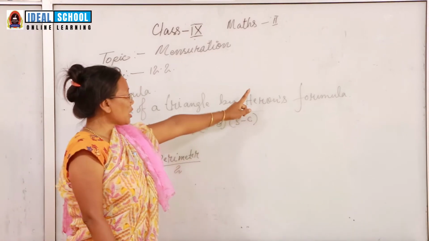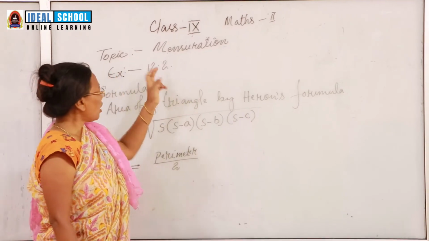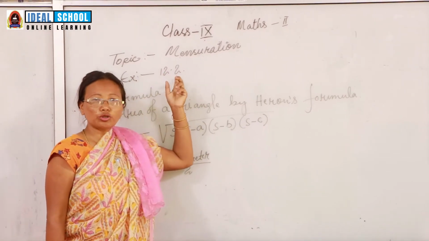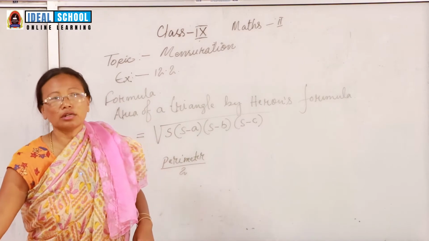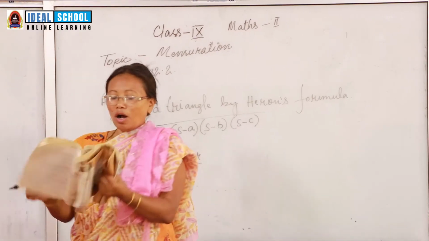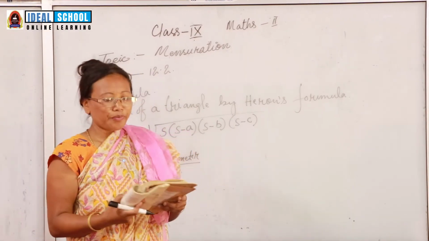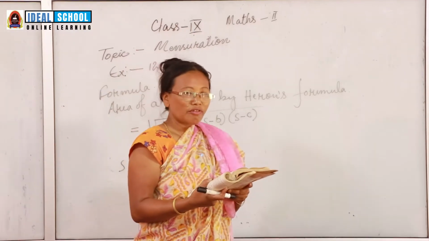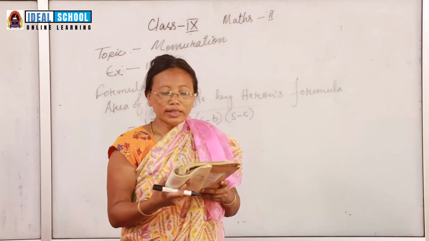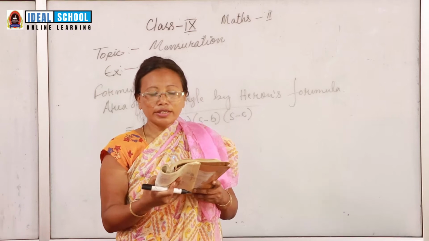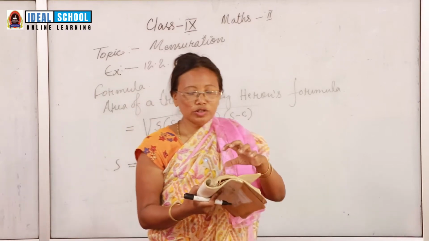Then again, it is mentioned about the triangle, but our exercise is 12.2. Now let's read the question. What does the question say? Exercise 12.2, find the area of the quadrilateral ABCD in which some values are given.